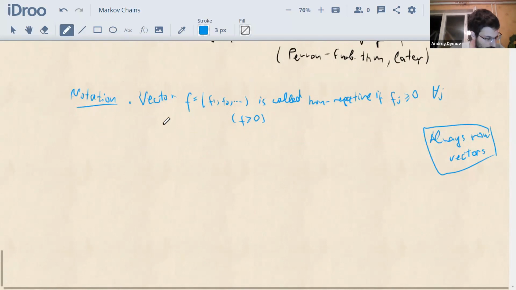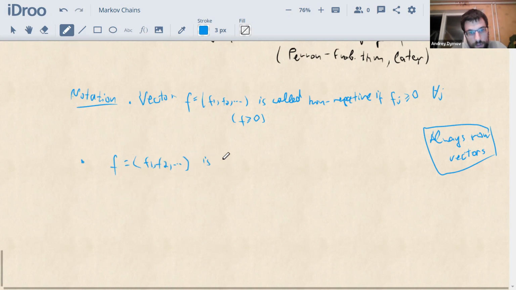And what is a distribution? I have already defined it, right? Yes, I have already defined it. So let me recall it here. A vector f1, f2, etc. is called a distribution or probability distribution if it is non-negative and the sum of its components equals to what?